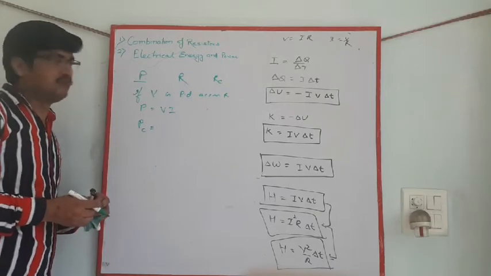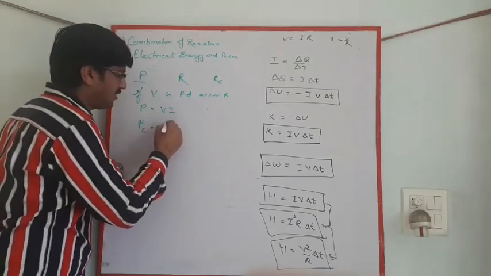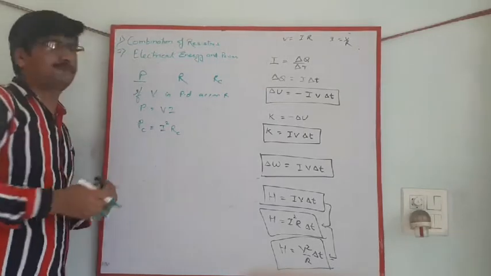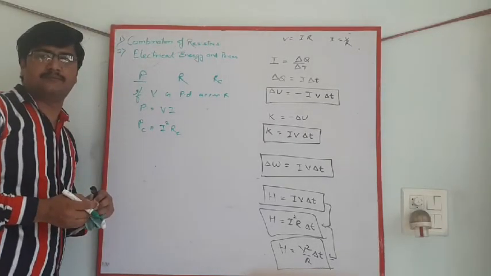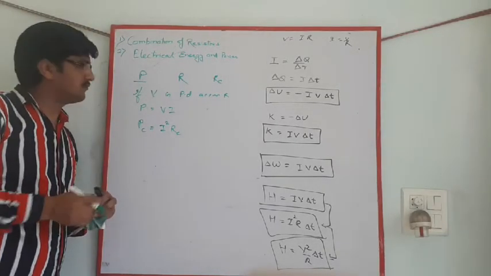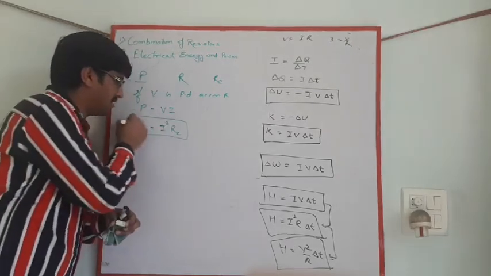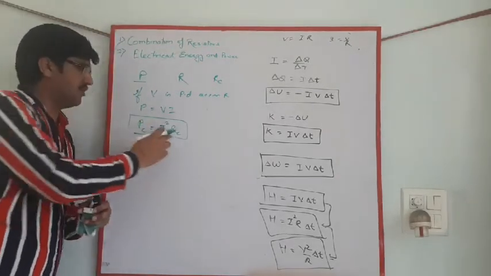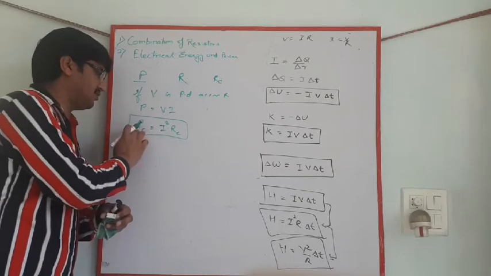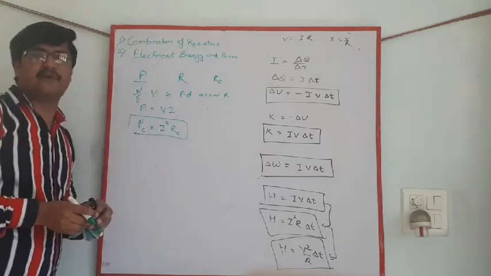PC will be equal to I square RC. This much power loss will occur through the circuit and wires, the resistance of the wire, I square R, so power dissipated, power loss.